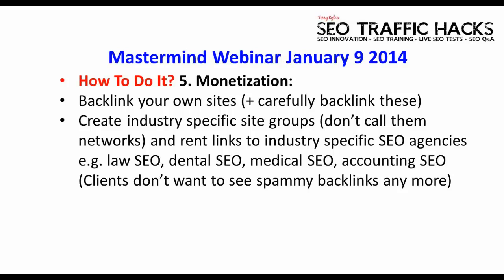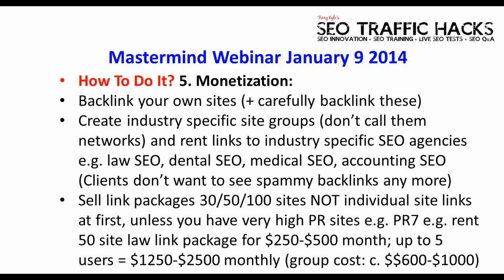My best advice here, because over the years I've worked a lot in selling link rental packages, and I've done both of these so I have a good idea of what works best, is to sell groups of links and not individual site links.